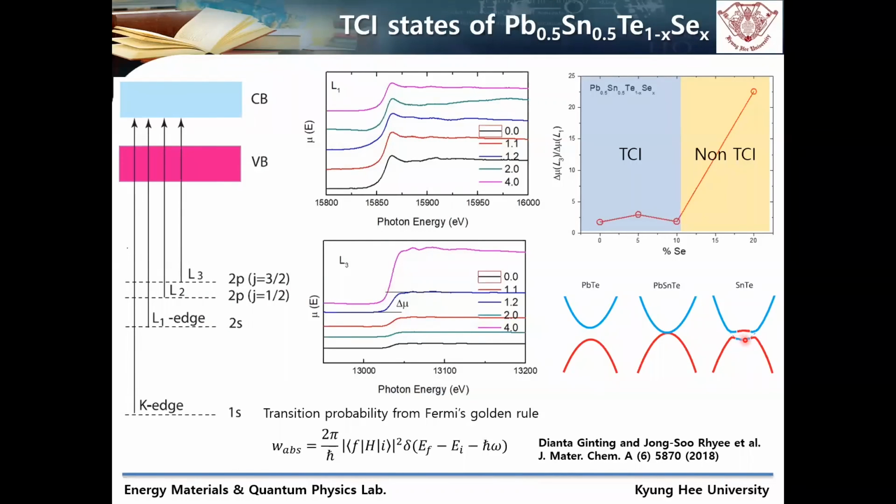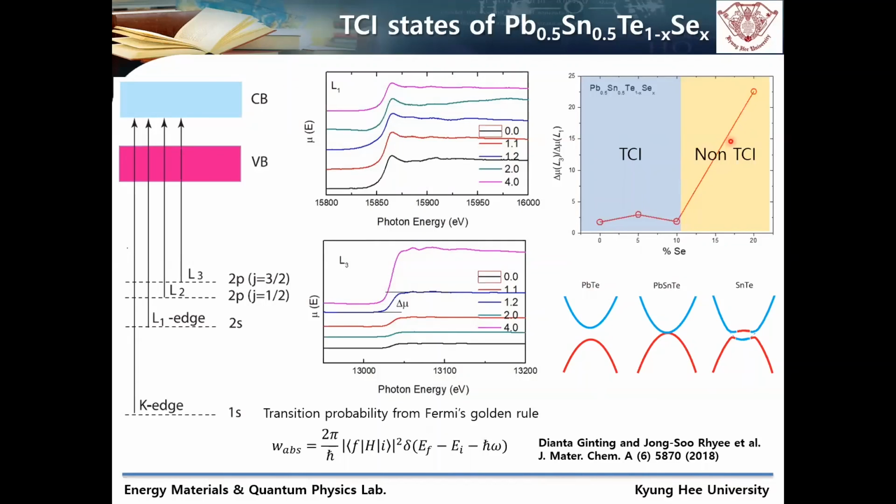Therefore, the p-band transition is forbidden in the TCI state, and by breaking the inversion symmetry it becomes a normal semiconducting state. Therefore, the TCI state can be broken.